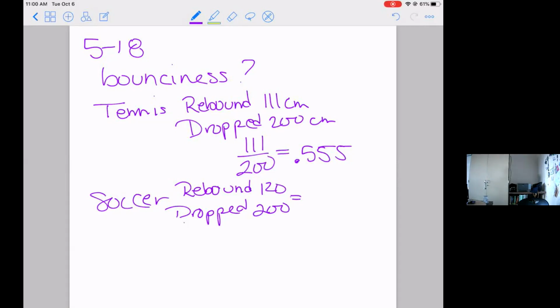You guys need a calculator? If you need a calculator, get it out. What do you get? 0.6. So 120 divided by 200 is 0.6. So is it bouncier than a tennis ball? Yeah, because that number's higher, isn't it? It came back higher.